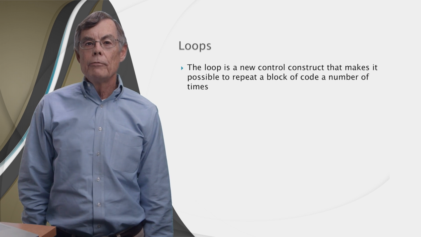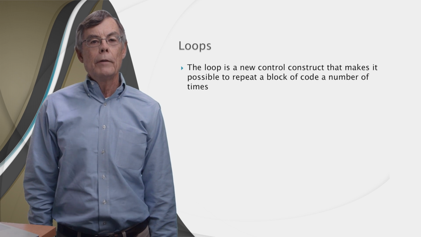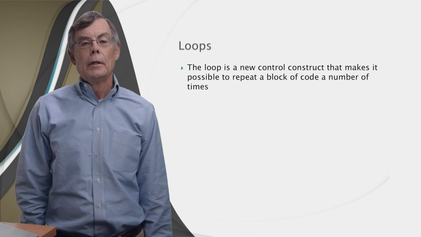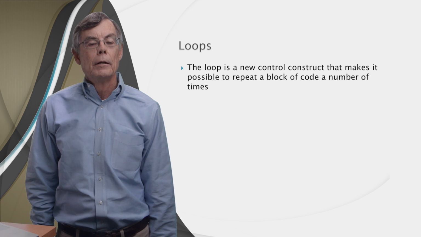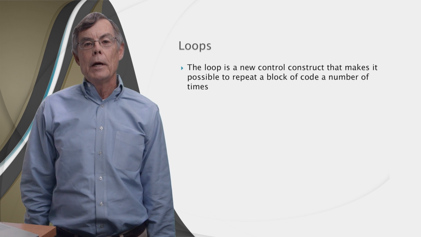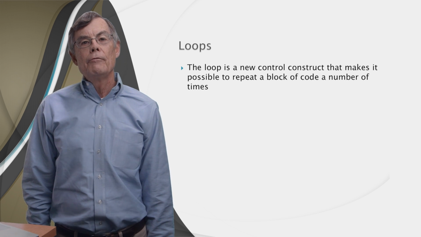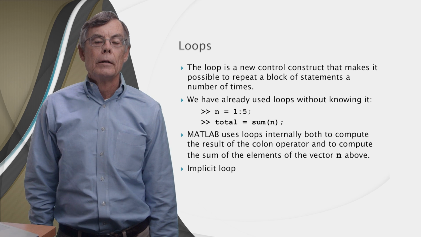With what we've learned so far, to get our computer to execute 1 billion statements, we'd have to type 1 billion statements. And we'd be typing for many centuries just to get a program to run for 1 second. Fortunately, we can avoid all those centuries of work by using loops. In fact, we've already been using loops in MATLAB without even knowing it.